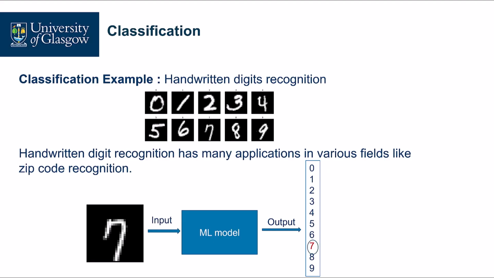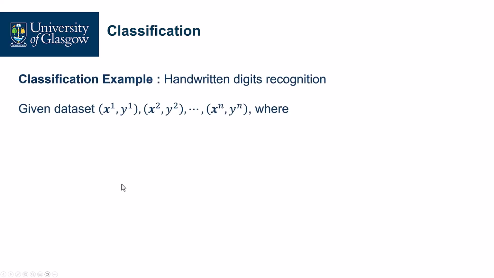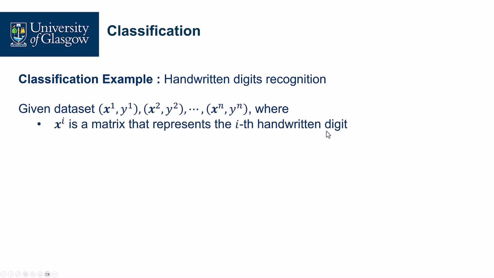Okay, now we can make this problem more mathematical. We give a data set (x1, y1), (x2, y2) to (xn, yn). xi is a matrix that represents the i-th handwritten digit, the feature vector, and yi is the label of the i-th handwritten digit. So one vector, one label.